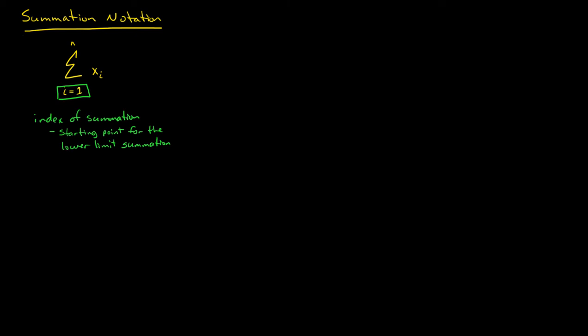Okay. What is the n up here? Well, the n is the stopping point. So if i equals 1 is the starting point for the lower limit of summation, n is the stopping point for the upper limit of summation.